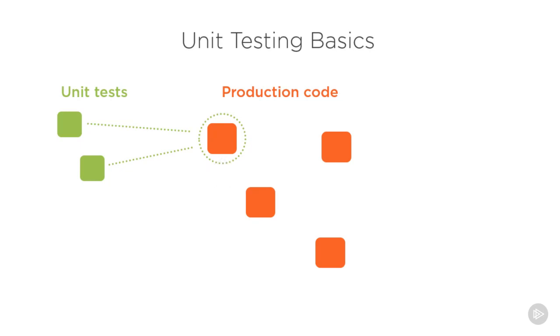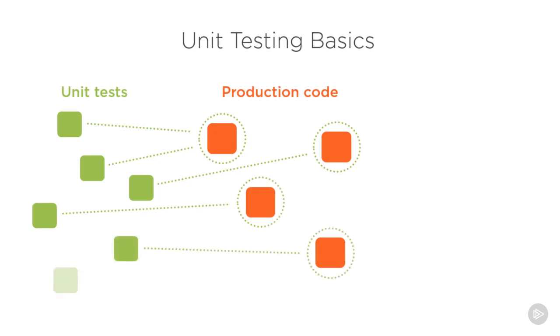So unit testing is also powerful when working in a team where you don't have already all the other units of production code available. With the unit test, you can already ensure that your unit works as expected.